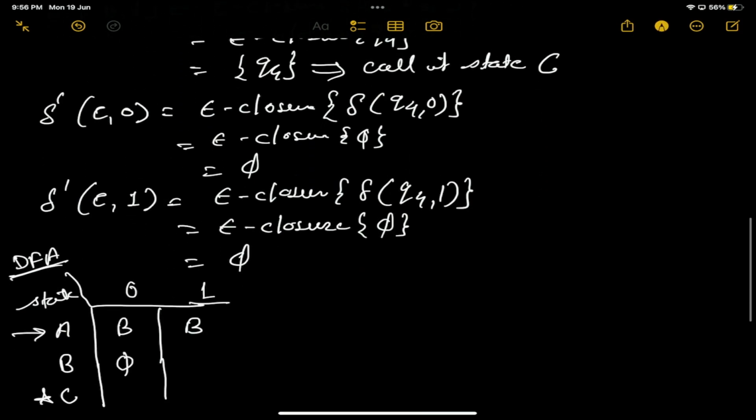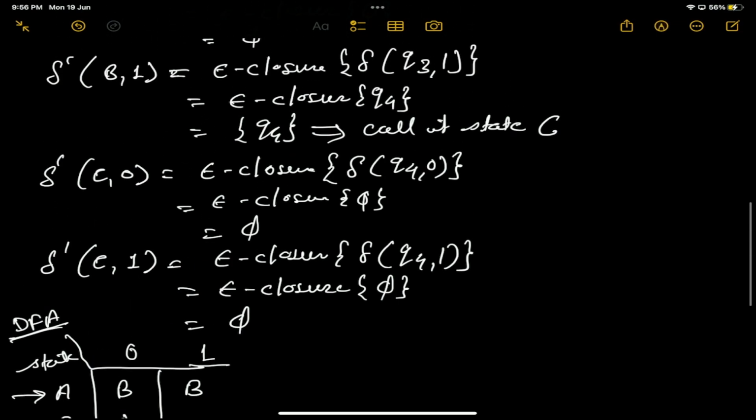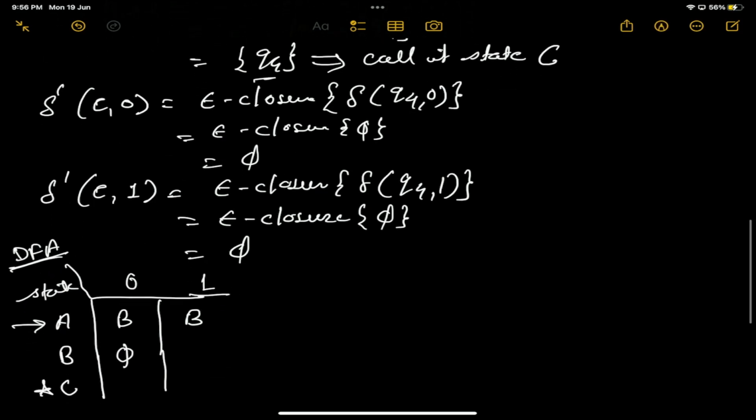B with input 1 goes to C. C with input 0 and 1 goes to phi and phi.